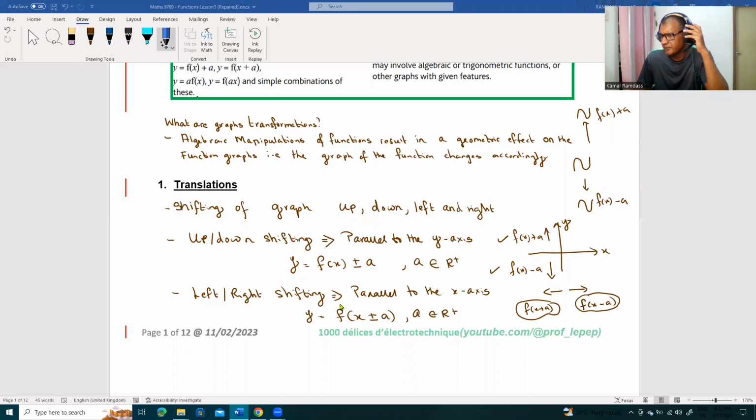Ça veut dire ici, le principe, quand il est positif, il va à gauche, c'est contraire à ce qu'on pense. OK? Et nous avons besoin de tenir ça en compte, sinon il est facile de faire une erreur.